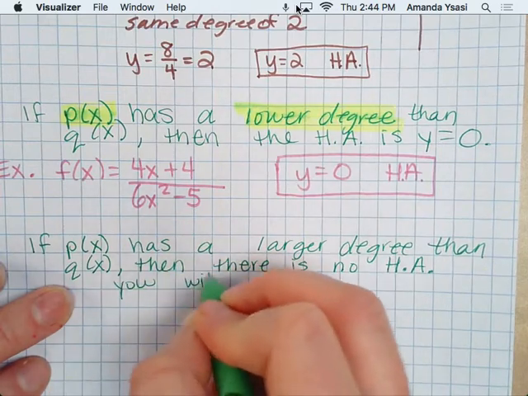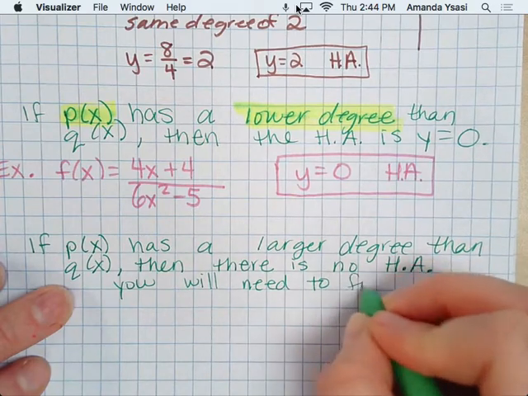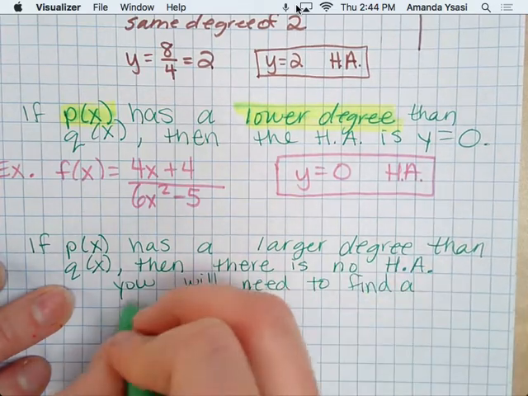You will need to find a slant asymptote.